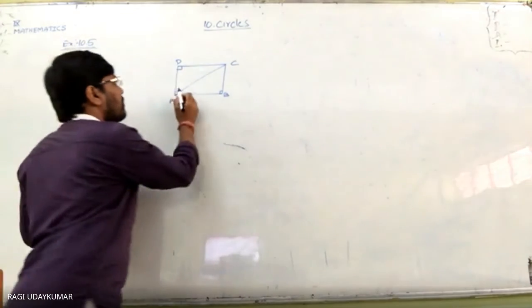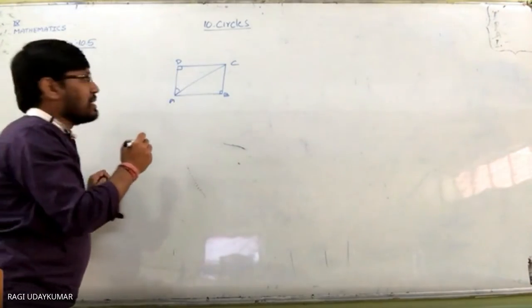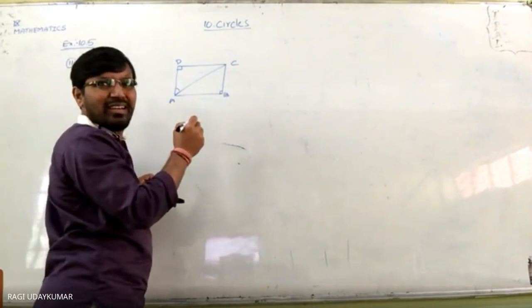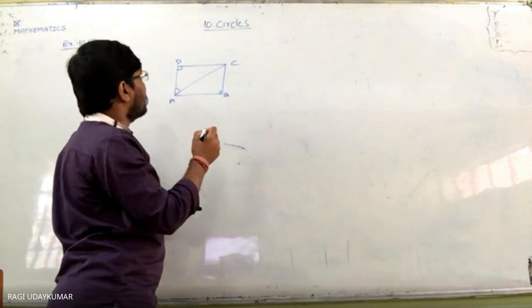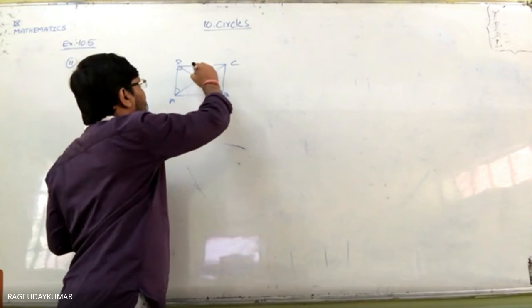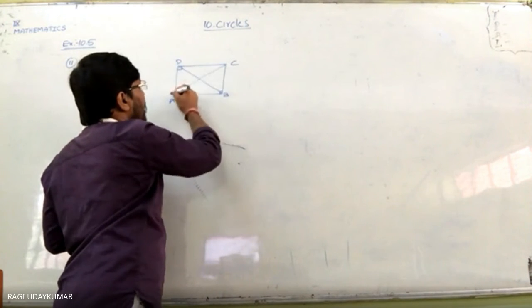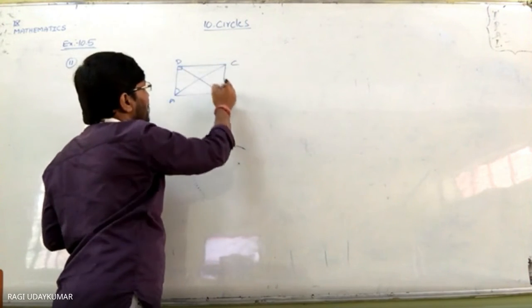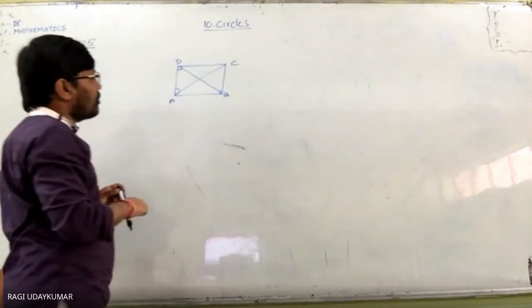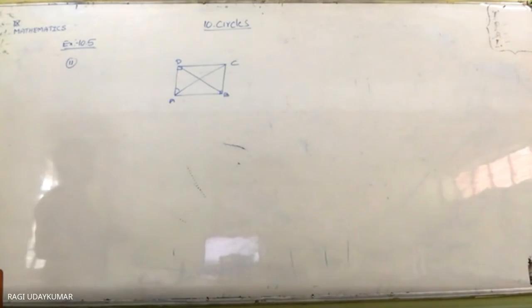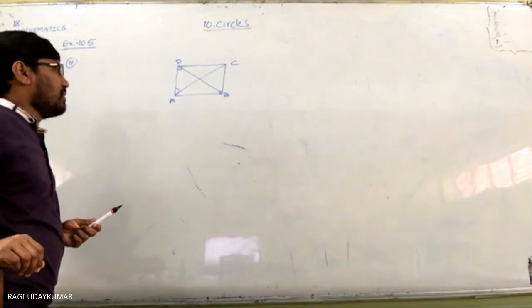angle CAD is equal to angle CBD. Oh, B to D is also there. CBD, CAD, CBD. So we need to use the circle concept.